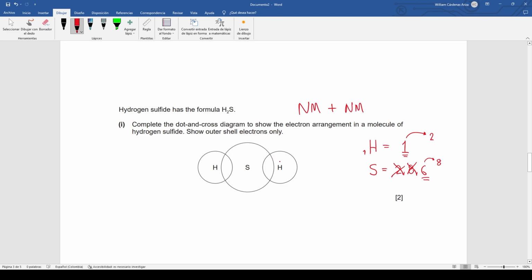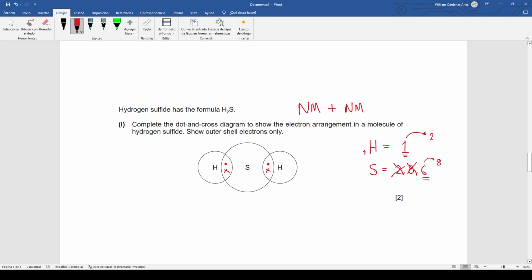So here you can see that if this is a covalent bond, a bond is a share of electrons. So if you have these kinds of intersections here, you just put 1 pair of electrons so they can be bonded. It's very simple when you have hydrogens, because hydrogens complete the electron configuration of helium if they share that electron, and sulfur in this case is sharing this cross electron with hydrogen.